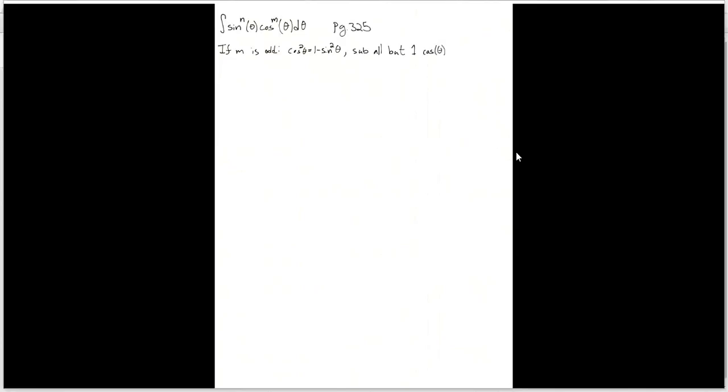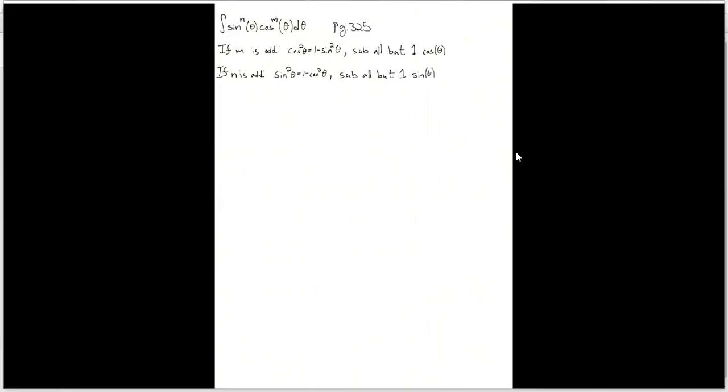Then you're able to do a u substitution, and that will just flow out and you'll be fine. Same type of deal if we have that n is odd, so that's the power on sine. What we're able to do is just the reverse. We're going to say that sine squared theta is equal to 1 minus cosine squared theta, and then we sub out all but one sine theta.